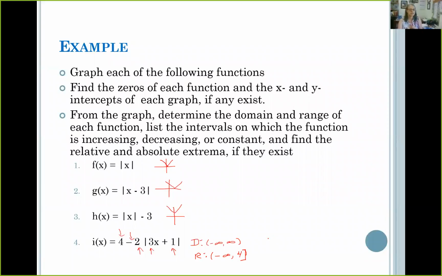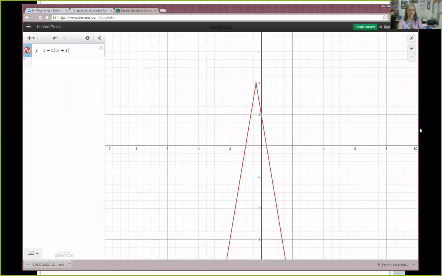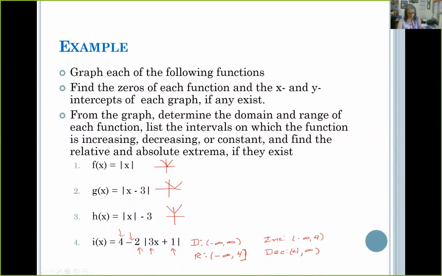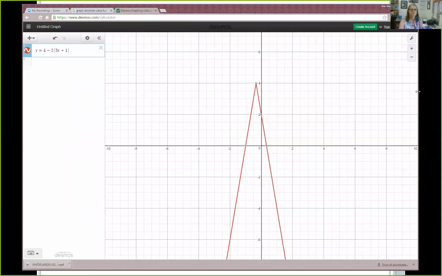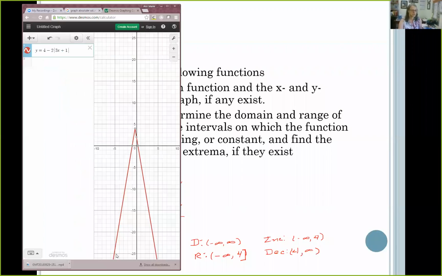All right, where is this thing increasing? -infinity up to -1/3, and decreasing -1/3 to positive infinity, right? Oh, there you go. Here's your graph. Sorry. So there's our graph. You can see the domain. I can plug in anything I want. You can see the range. You can see the increasing and the decreasing.